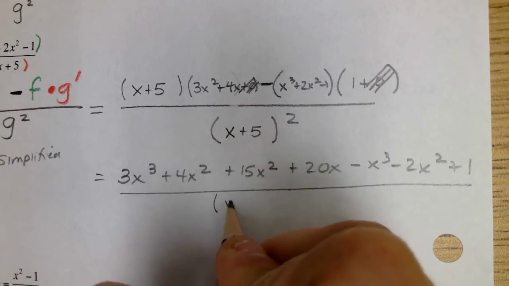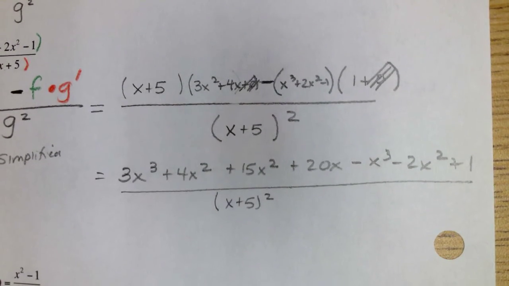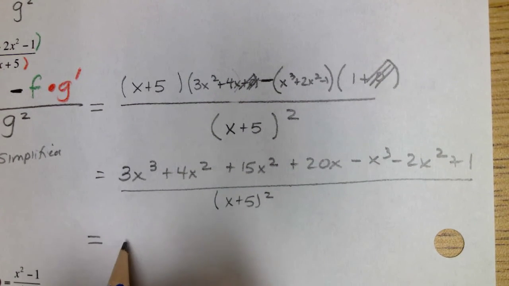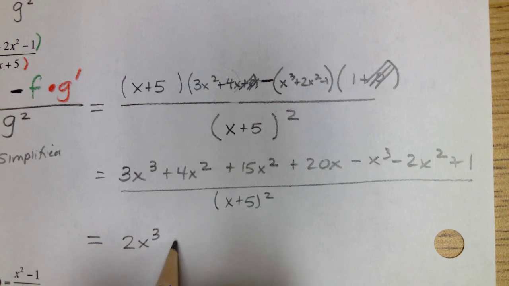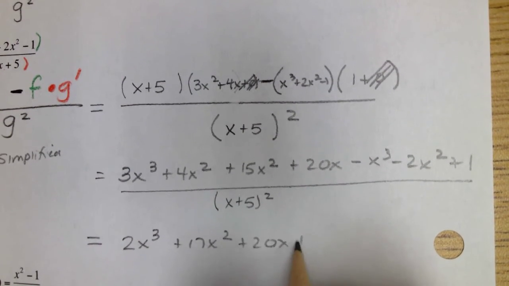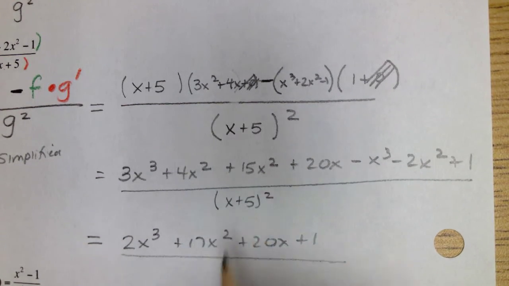I could FOIL out the bottom. I don't need to because my goal here is to simplify the top as much as possible at the moment. If I simplify the top further, I get 2x cubed plus 17x squared plus 20x plus 1, all divided by x plus 5 squared.